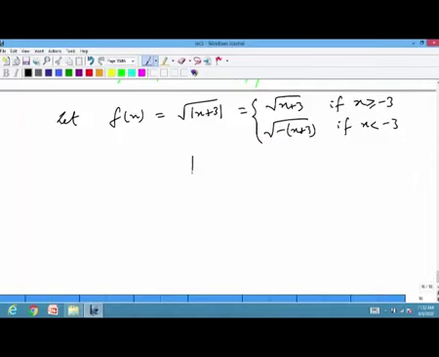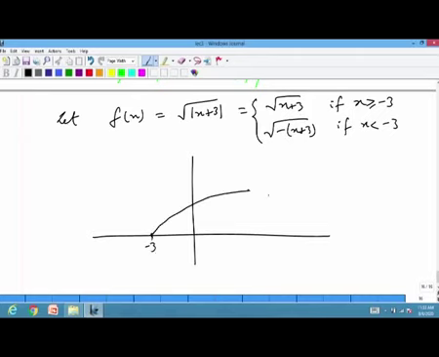So, we have this is x equal to minus 3 and y equal to square root of x plus 3, this is this part of the parabola like this. This is y equal to square root of x plus 3 for x bigger than or equal to minus 3, and this f x is symmetric about this. So, this will be the other side, it is like this.